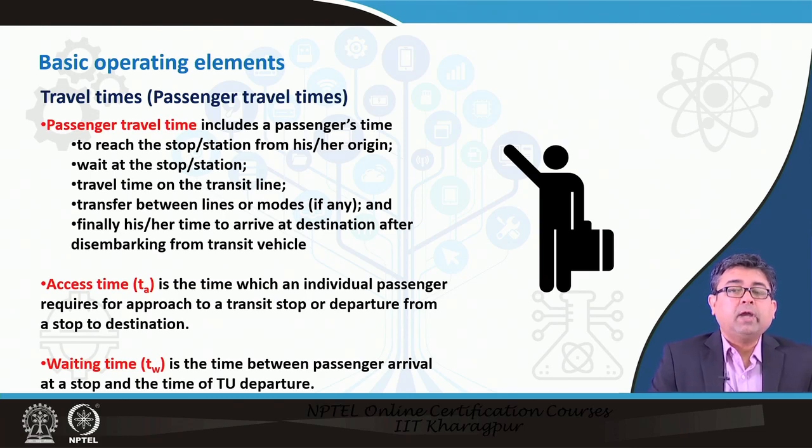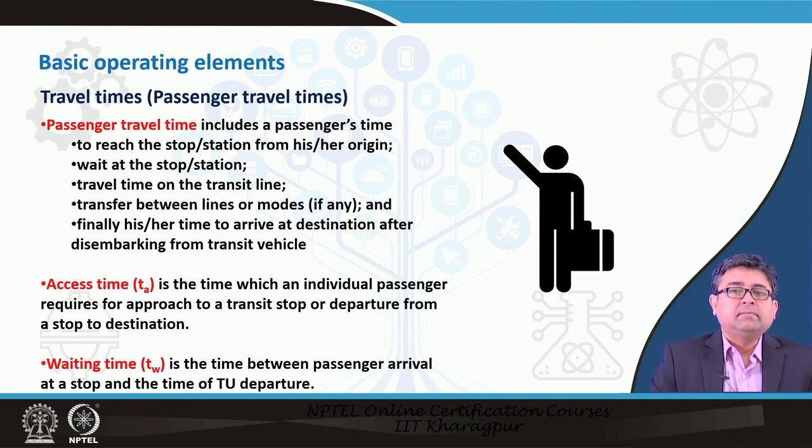The second is the wait at the station or the stop. You have to wait, maybe the bus or the metro does not arrive immediately. The third is the actual travel time on the transit line. We usually think that this actual travel time on the line is the total passenger travel time. That may be a significant portion of the total passenger travel time, and that is what we want it to be.